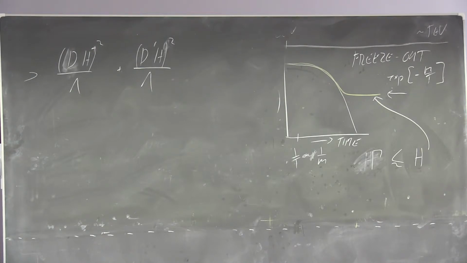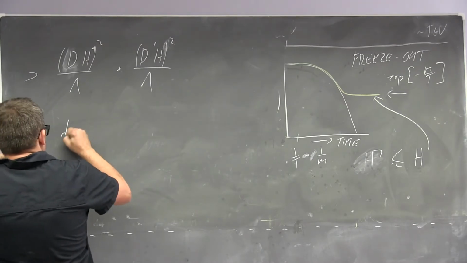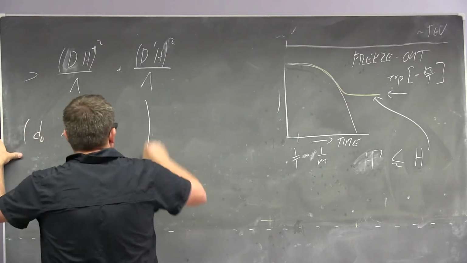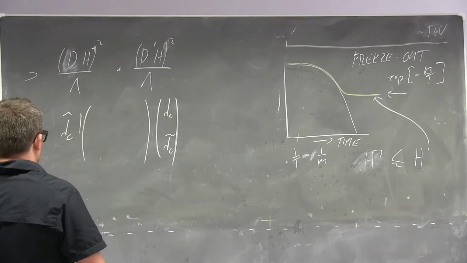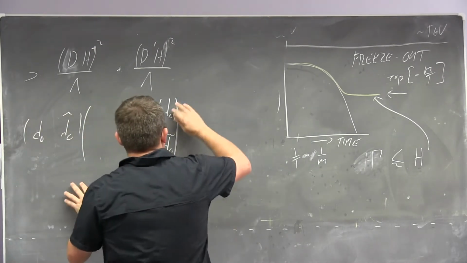So if I write out the mass matrix for this, I have D0, D0 tilde, D0, D0 tilde, and what do we put in here? Oh, I don't like it this way. Let's do it this way.